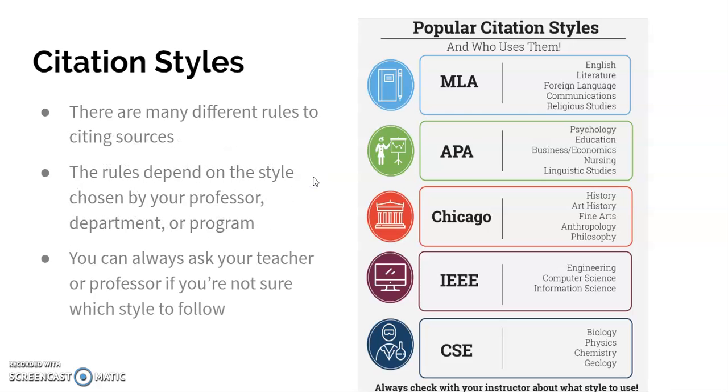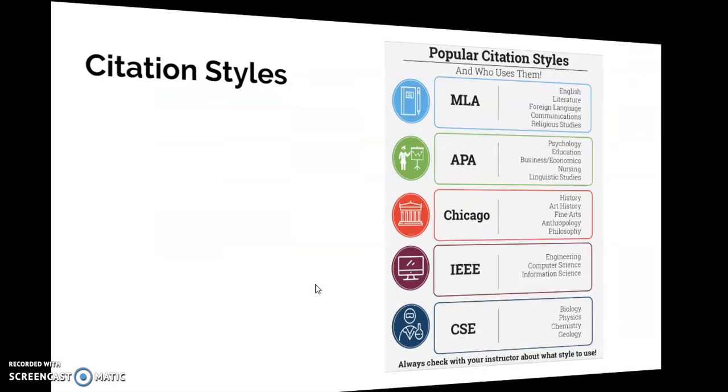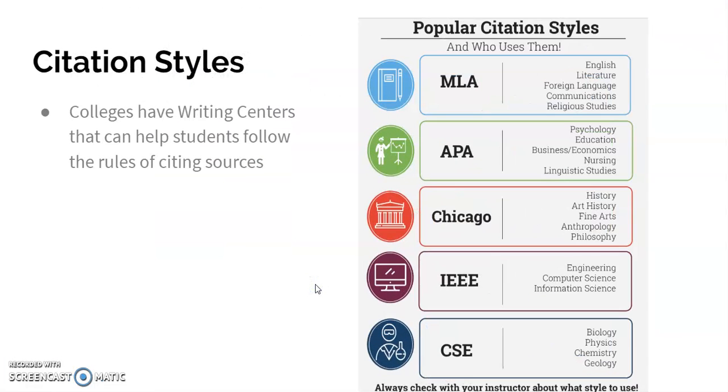You can always ask your teacher or professor if you're not sure if you should use MLA, APA, or Chicago. The teacher is responsible for making clear which one you're supposed to use. If you do go to college, don't worry, colleges have writing centers.